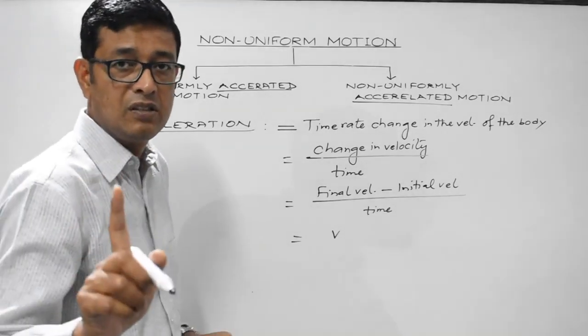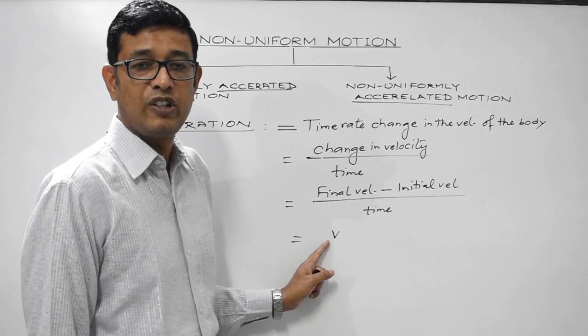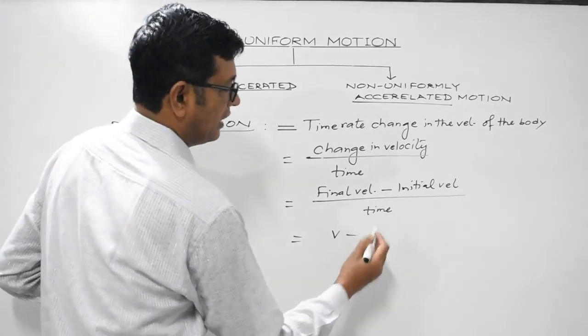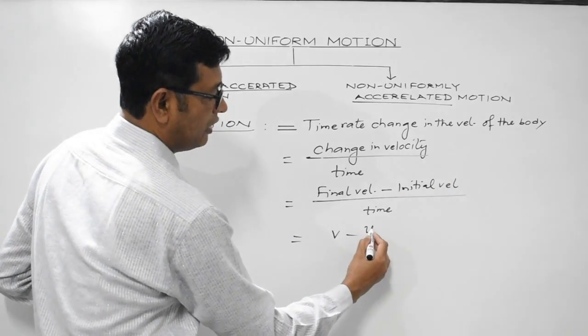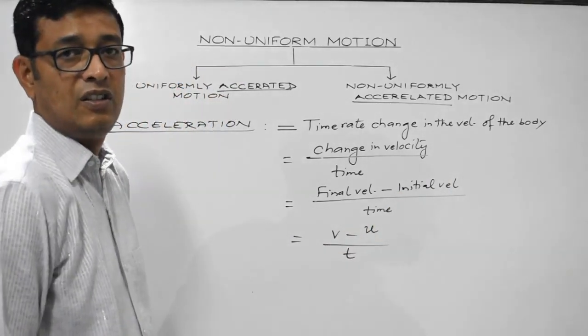So remember, from now onwards, final velocity will always be denoted by the notation V. V stands for final velocity of the body. Minus initial velocity will be denoted by U. Time will be represented by T.